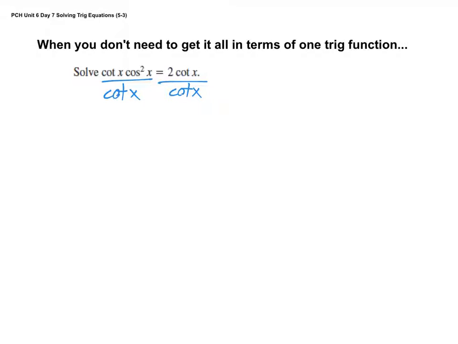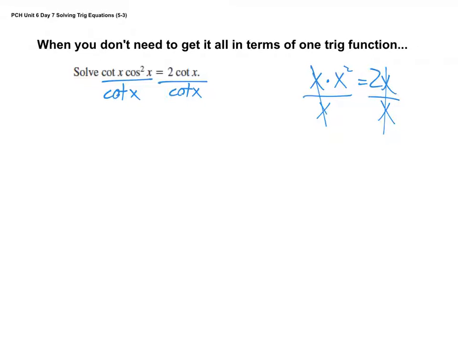Let me ask you this, if I had x times x squared equals 2x, when I'm solving that, am I allowed to divide by x? Who said no? Why not? Because we don't know the x.